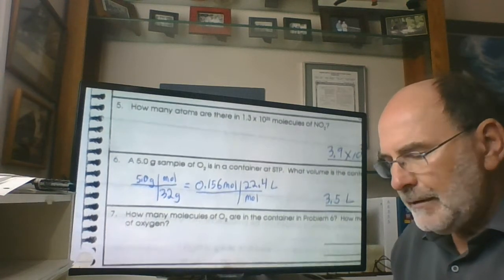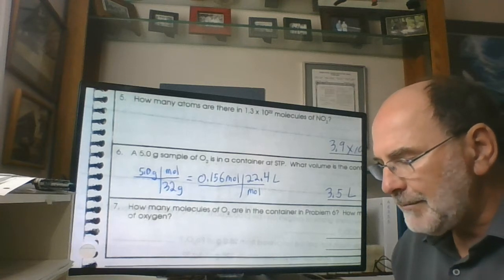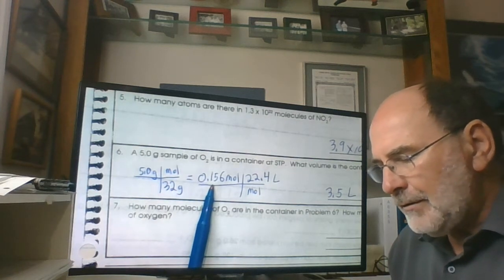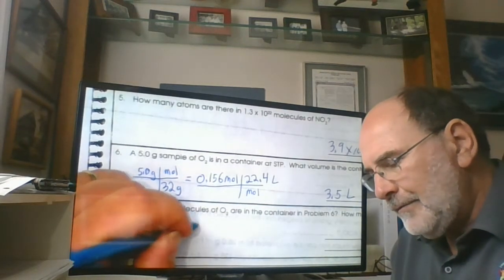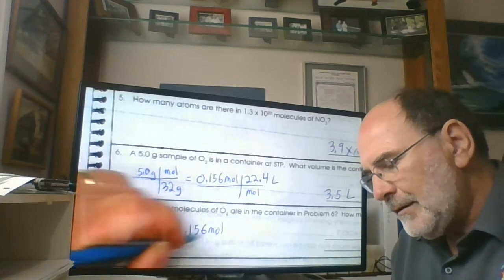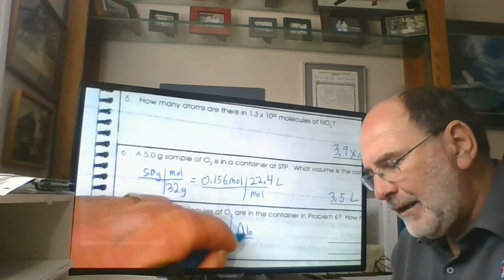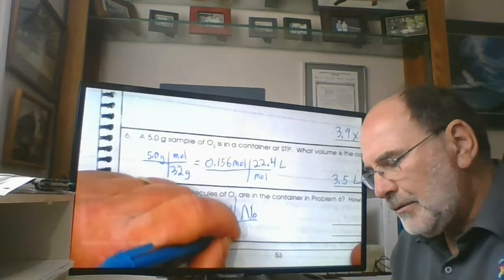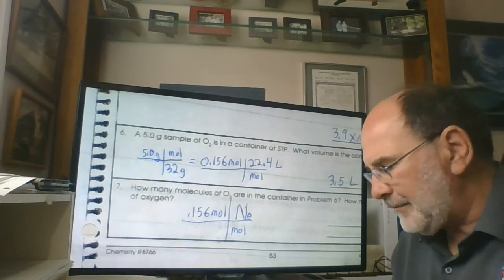Number 7, how many molecules of oxygen gas are in the container in problem 6? How many molecules? Well, 0.156 moles times Avogadro's number, which I'm representing as n subscript naught, per mole will tell me how many molecules I have.